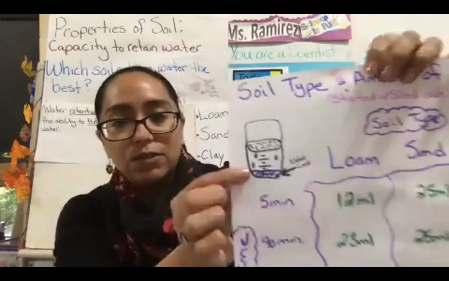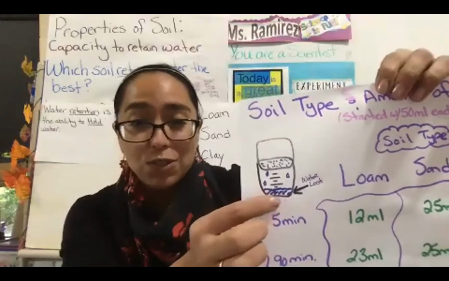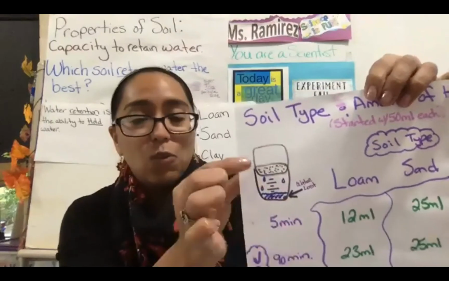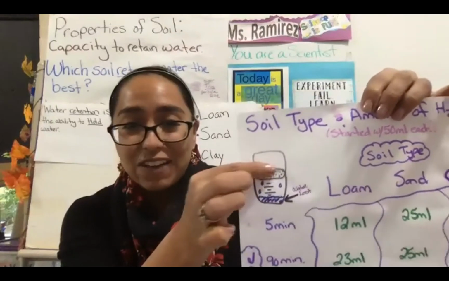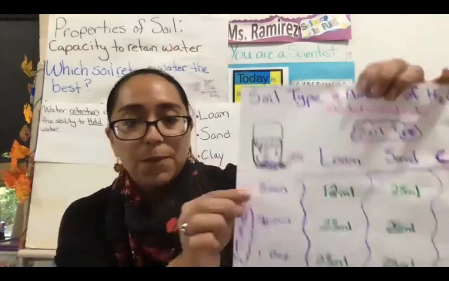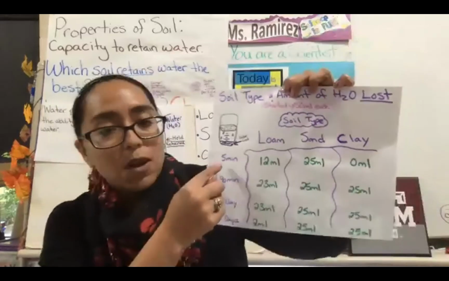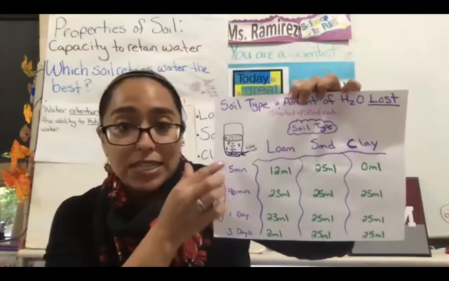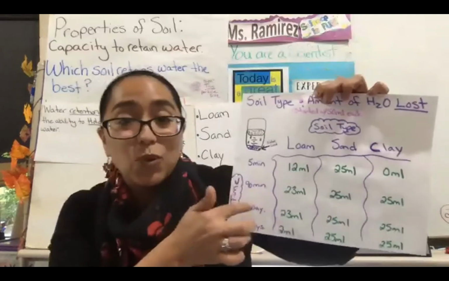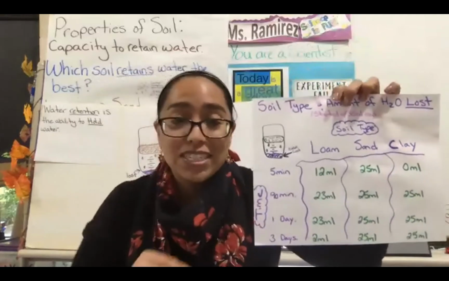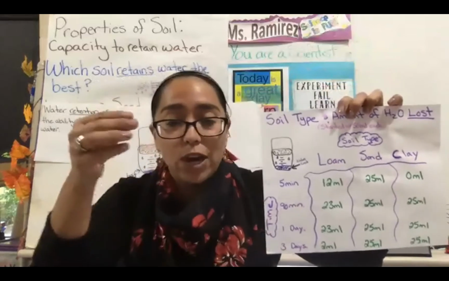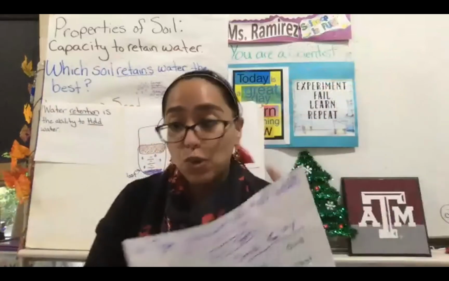So remember in our little diagram, the amount of water lost was the water that fell. The water retained is water that's still left inside the soil cup. So then you could time it. So how much water is lost or retained in 5 minutes, 90 minutes, 1 day, or 3 days. So it's interesting to see how long it takes for all that water to fall through and drop.